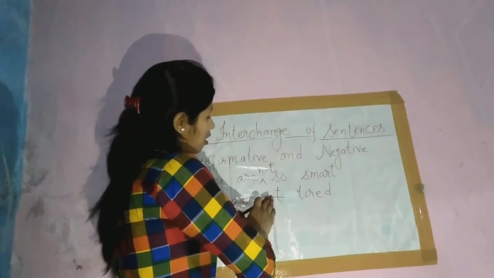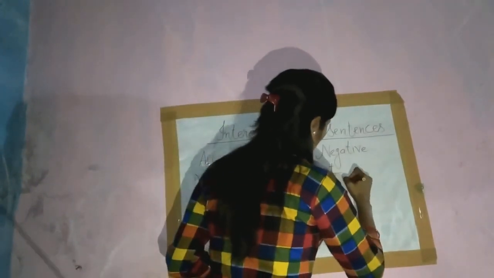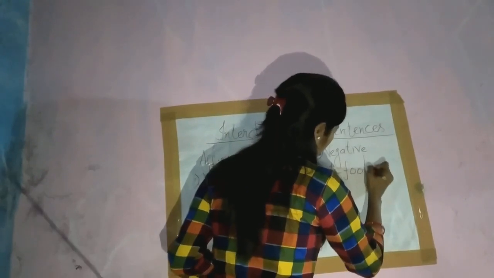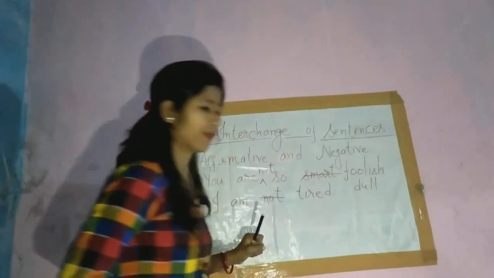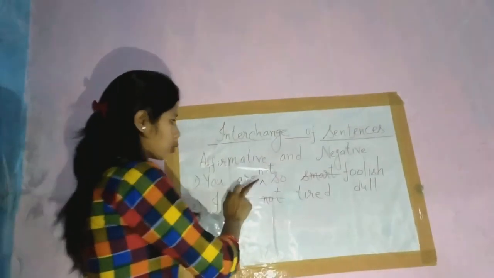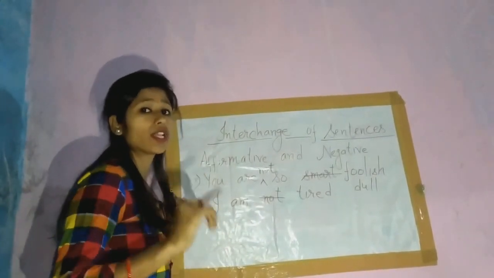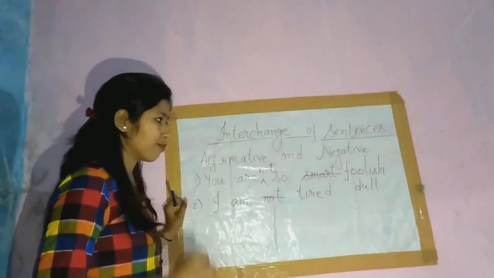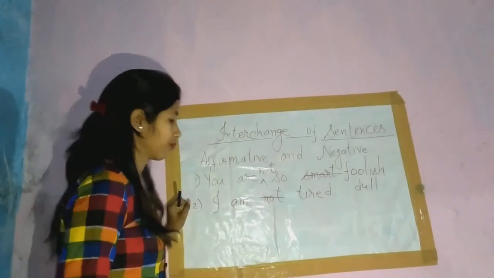So we can make it, you are not so foolish or dull. The affirmative sentence was, you are so smart. Without changing its meaning, I have changed this one into a negative sentence by changing the adjective into its antonym.